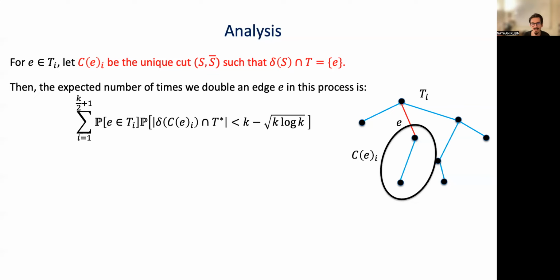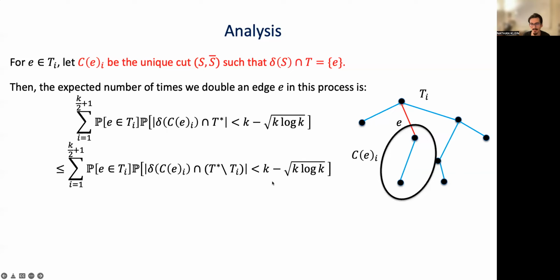So for each of the k over 2 plus 1 sampled trees, we have some chance to double the edge in that tree. So first we check if the edge is in Ti. Now, if it is, we see if this copy of the edge is going to be doubled. Remember, we treat each copy of e in each Ti independently. The probability it's doubled is the probability that T star has fewer than k minus square root of k log k edges across the cut.